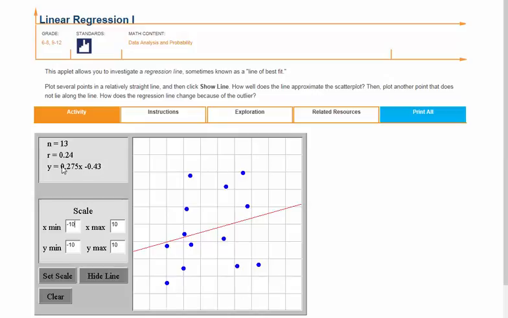So that's y hat. This is my equation for this line, and this is the line that best fits the data if the data is a straight line. And remember, the correlation coefficient will tell you how close the data is to actually being that nice straight line.